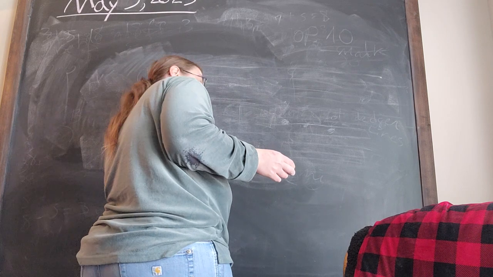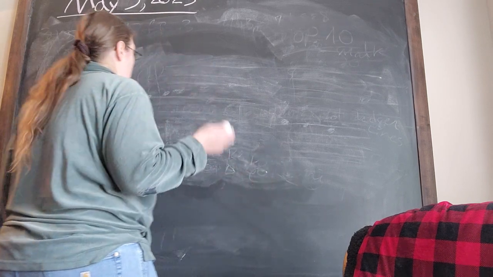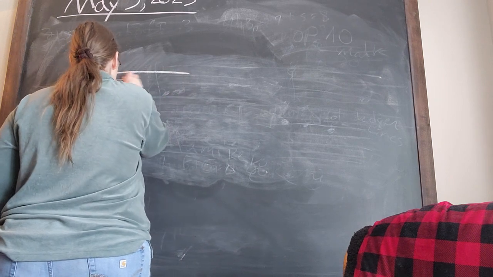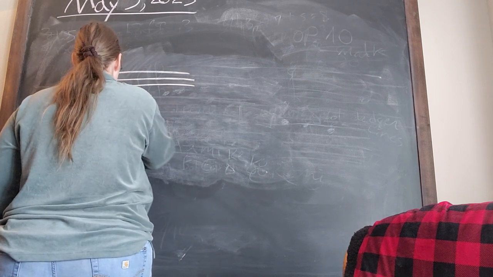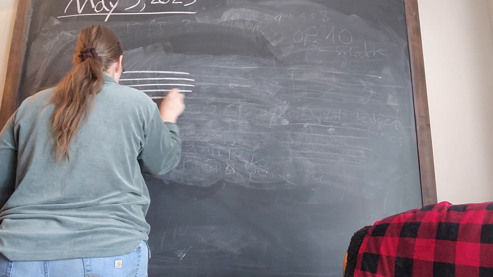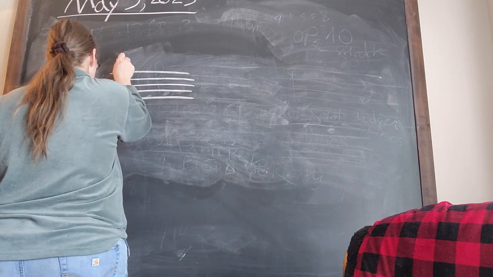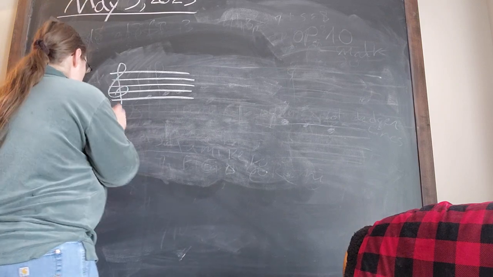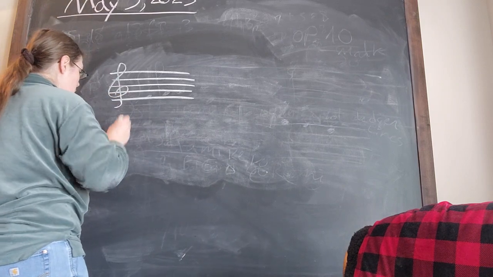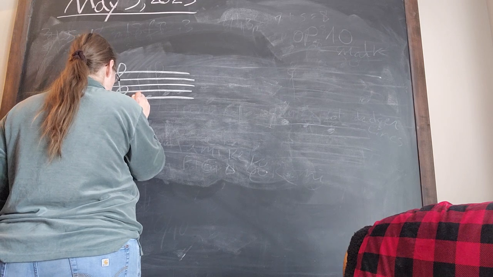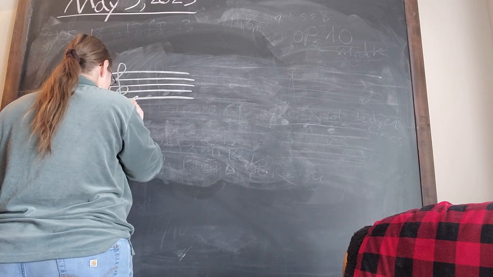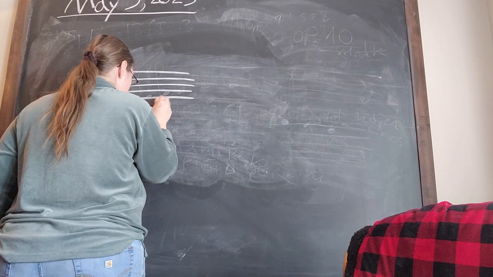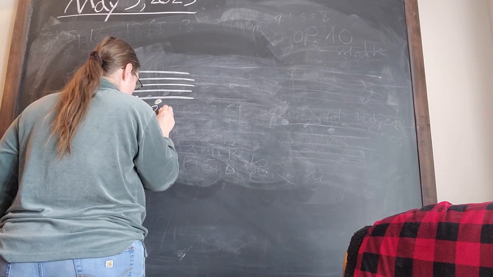Now we're going to do the upper part of the treble. 1, 2, 3, 4, 5. Okay, so this is our treble. We've already talked about these. This is mi. This is re.